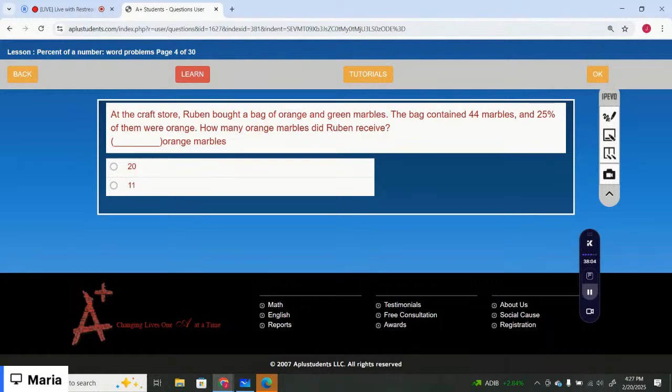So 25% of 44 is 11. Option number 2 is the correct option. 25% of 44 is 11.